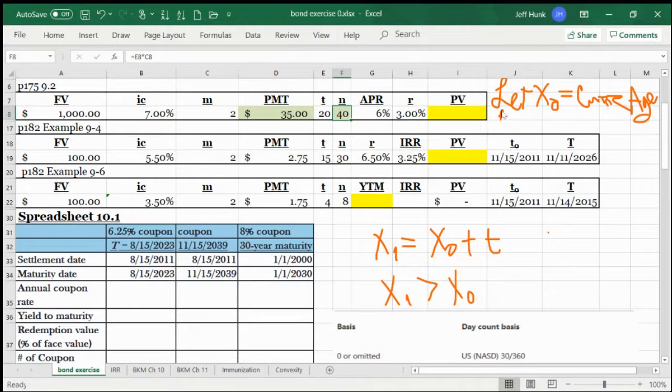And let T be 20 years. And then X1 can be defined as X0 plus T. So you get the idea.